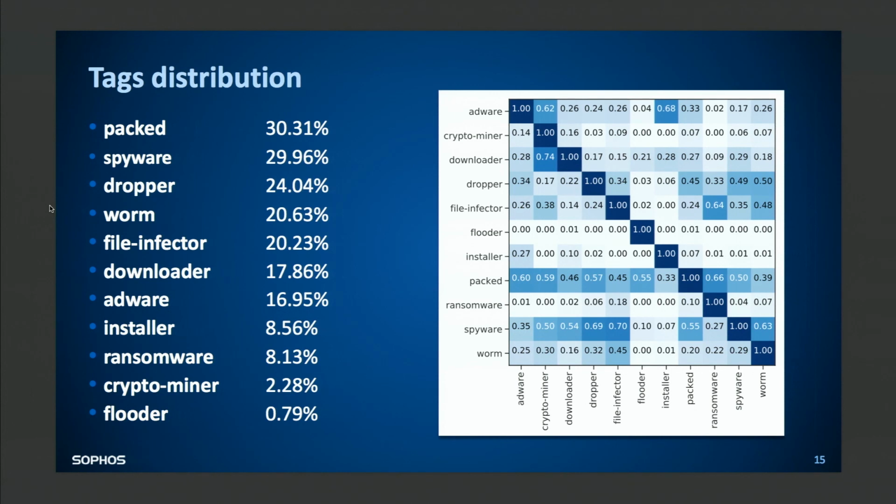Yeah. So this is not a confusion matrix. What we're plotting here is the conditional probability of one tag given the other. So for example, with the first row, the probability of adware given, let's say, installer is 68%. And that comes straight from an inspection of the dataset.